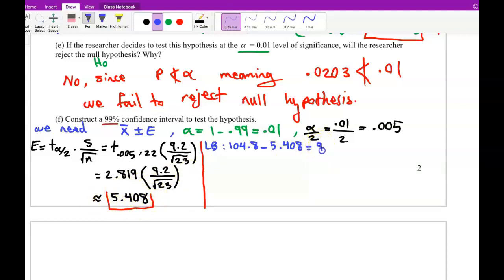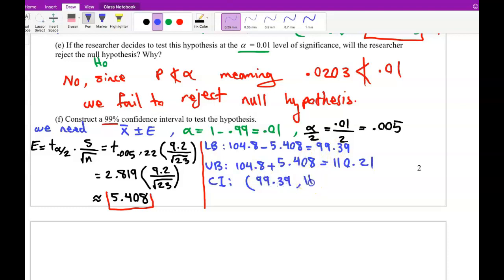So that is equal to 99.39. Upper bound, now we have plus in between, so same numbers, instead of subtraction, addition. That is equal to 110.21. So our confidence interval is 99.39, comma, 110.21.